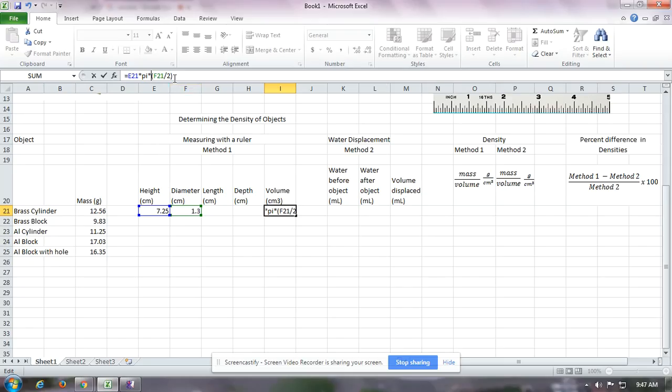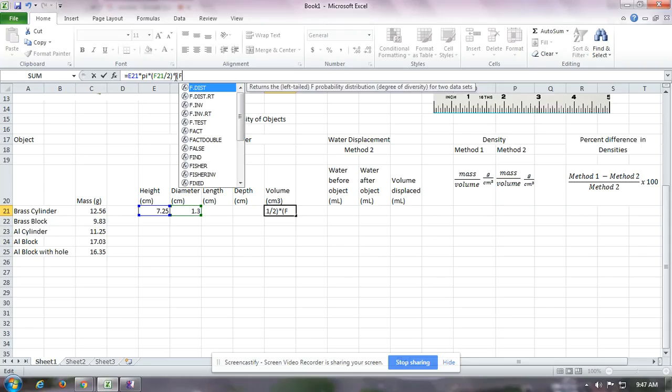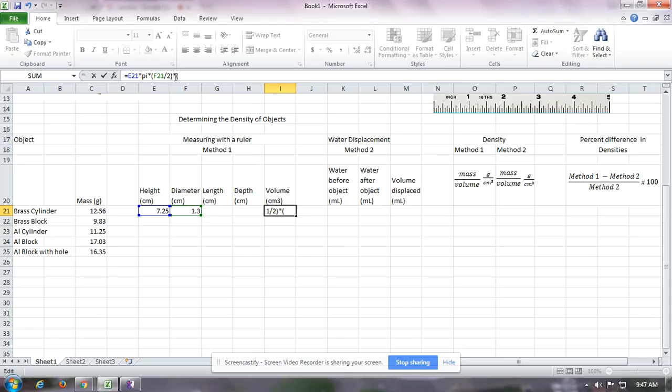Because I'm just going to do it again. That'll do it, which is probably not the best way to do it, but at least that's what I'm going to do because it'll make it faster. And let's see what happens.